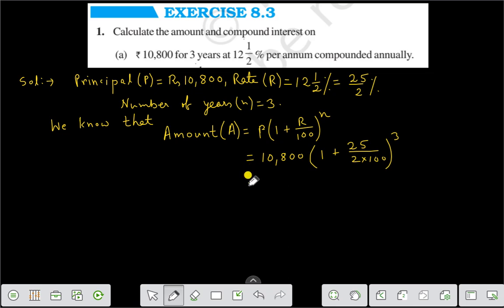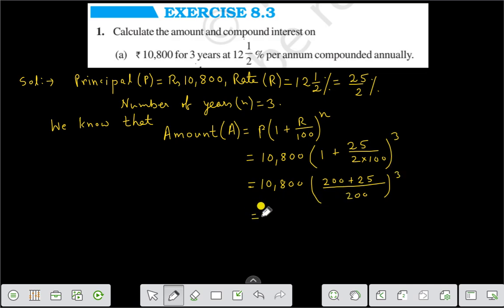Therefore, we are getting 10,800 into, taking the LCM as 200, we are getting 200 plus 25 to the power 3.